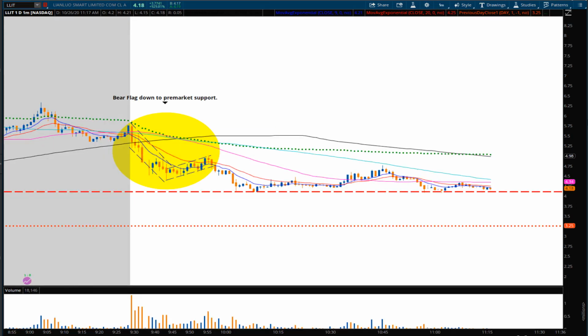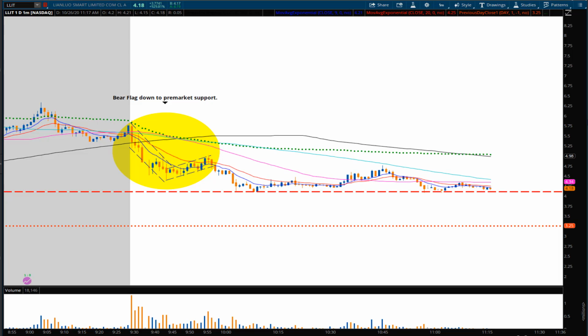So let's drill down into LLIT, and you'll see there's a bear flag right here, right down to pre-market support levels. There are a lot of different patterns that are very important, but bull flags and bear flags are a very popular pattern. You can see price right at the open, it's falling, and then it's gravitating back to those moving average lines, right?